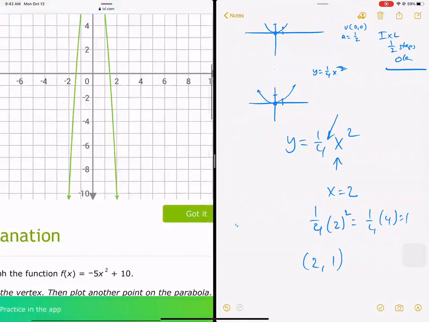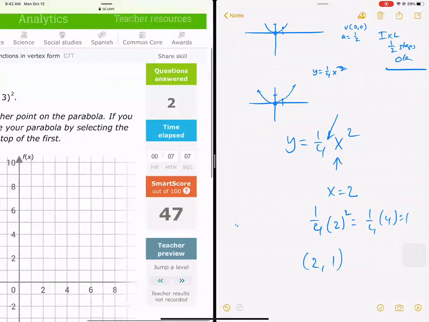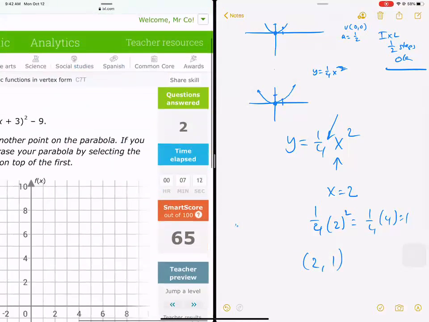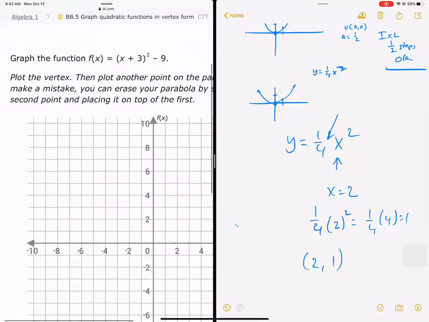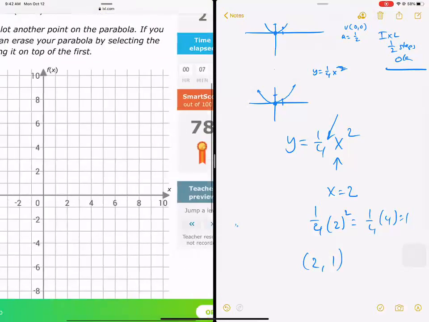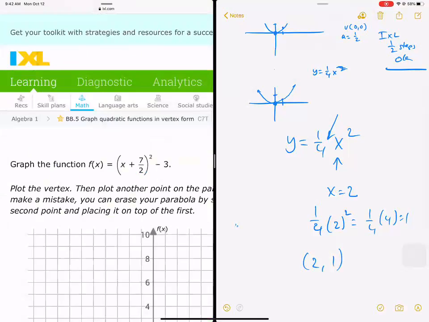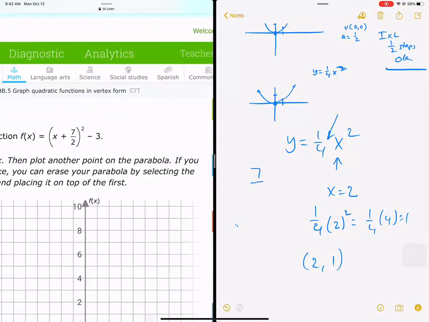What else? Okay, so the problem is once we get to harder fraction problems, where a is a fraction, let me get there really quick. Okay, so FYI, what is 7/2? 3.5.